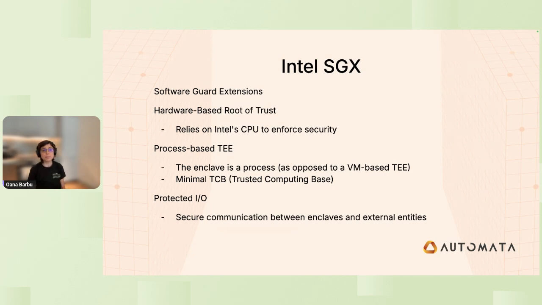So the TCB is much larger. And in general, we prefer a smaller TCB because it leaves a smaller area for attacks. And interaction with the TEE is protected, so there is secure communication between the enclave and the outside world.